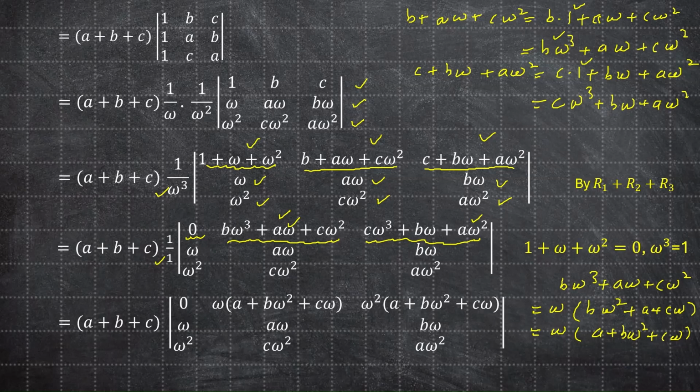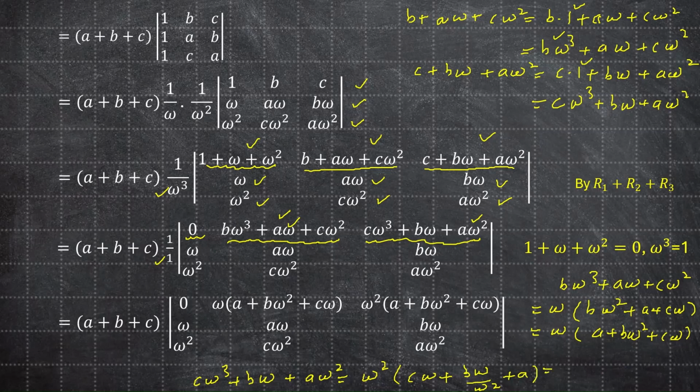Likewise, the term c omega cube plus b omega plus a omega square. We take omega square out from these three terms and we get c omega plus b omega over omega square plus a.